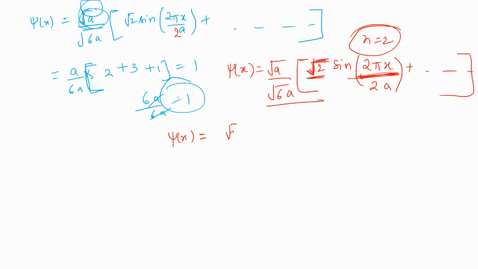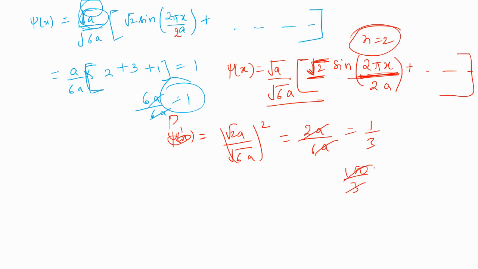So probability is equals to c2 square, 2a by 6a, which is 1 by 3. So 100 by 3 is equals to 33% will be the answer.